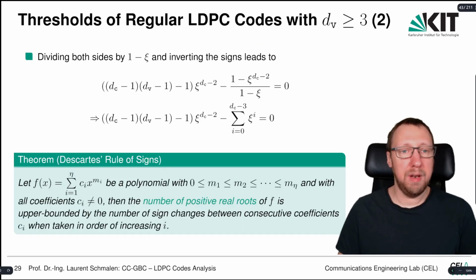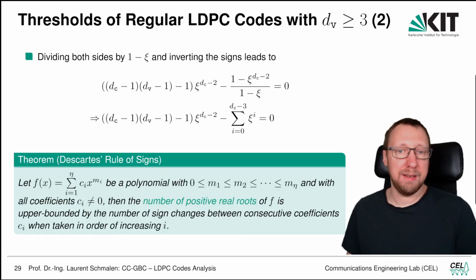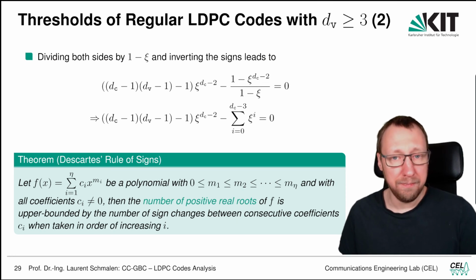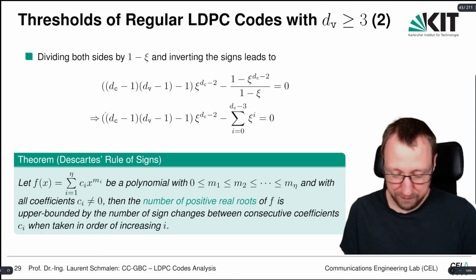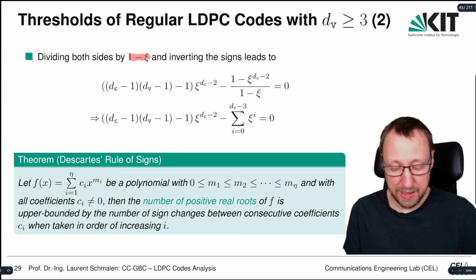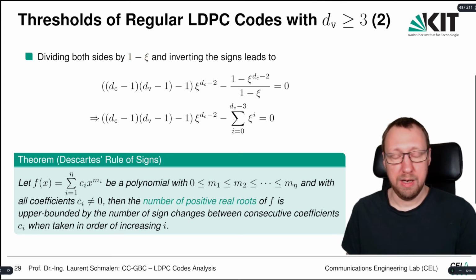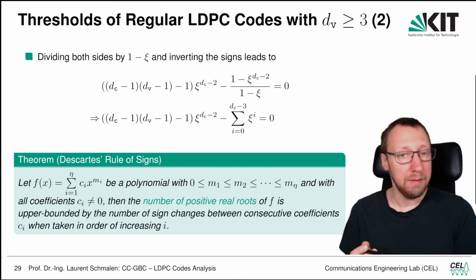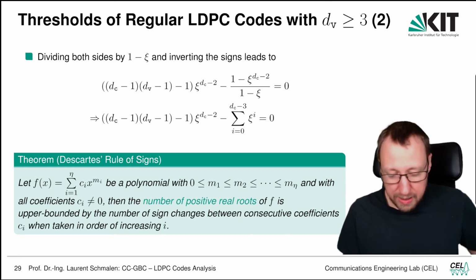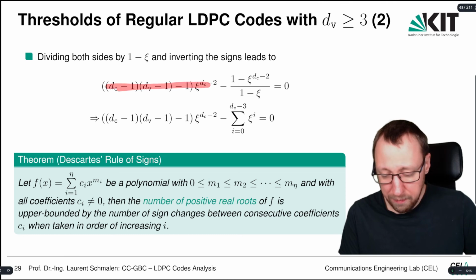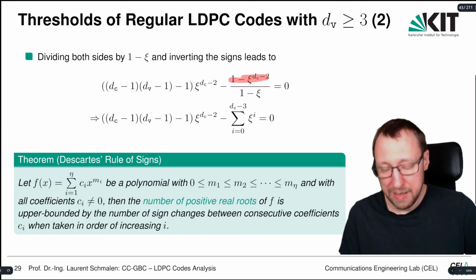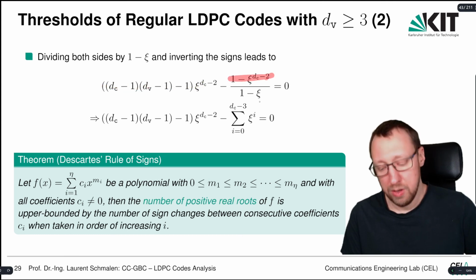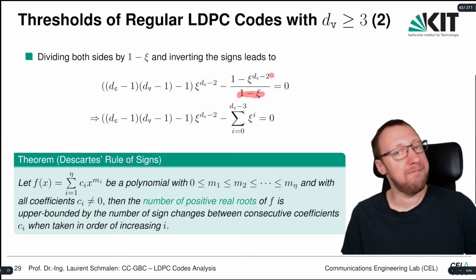Now we divide both sides by 1 minus xc. Here 1 minus xc is not equal to 0, because we don't want xc to be equal to 1, as that's a trivial solution. So what we get is this term minus (1 minus xc to the power dc minus 2) divided by (1 minus xc).